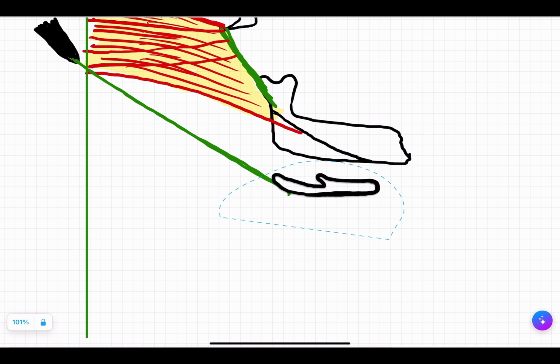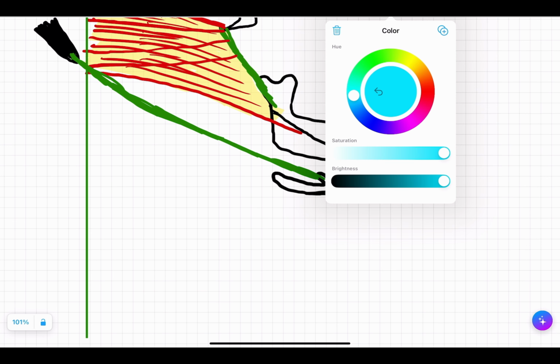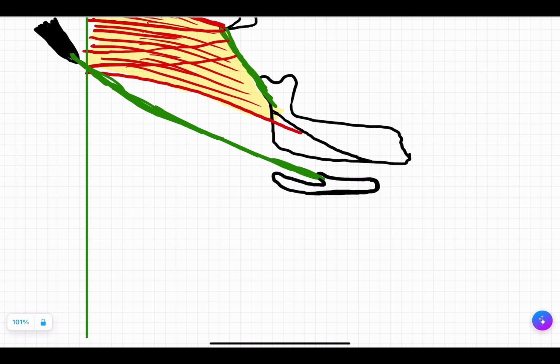Got it? I will show you the atlas image, so don't worry. This is just a scheme to make you understand. So the middle constrictor originates from the greater cornua, the lesser cornua, and the membrane itself.